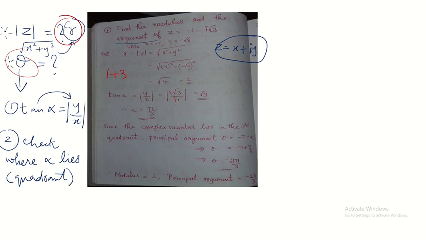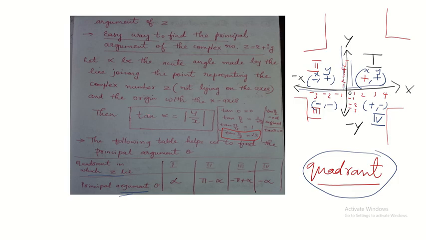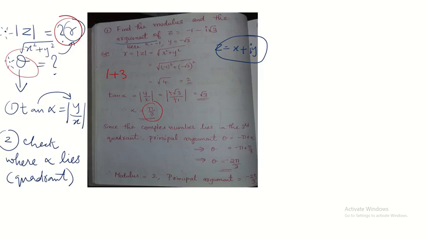So the value of alpha is now pi by 3. You have to check which angle gives root 3 in tan, so that angle you have to write it here. From the previous slide you got it as tan pi by 3 is root 3. So what is the angle? Pi by 3.